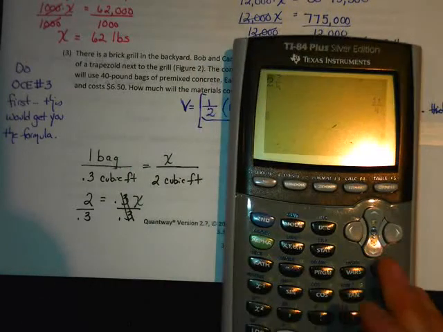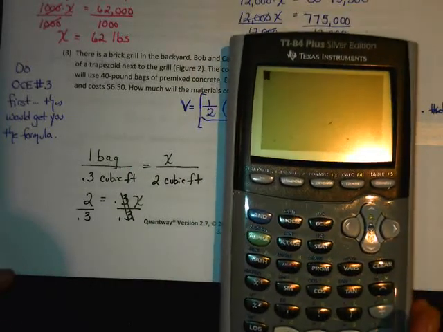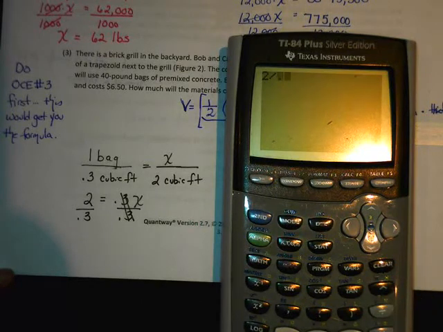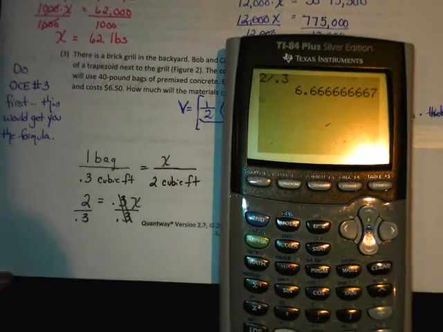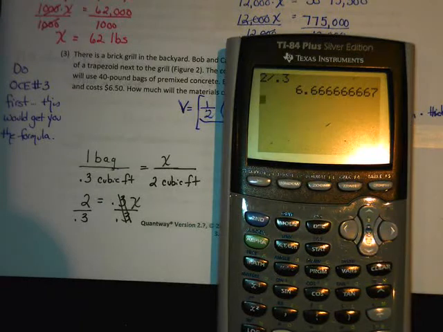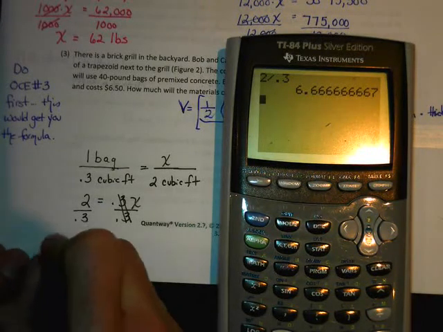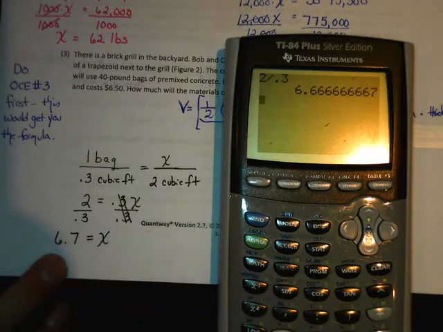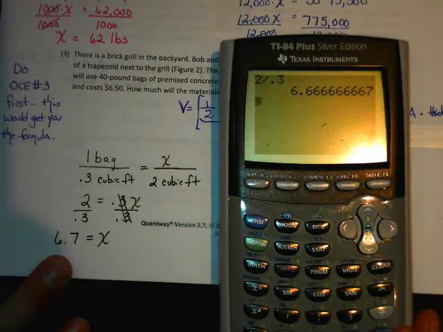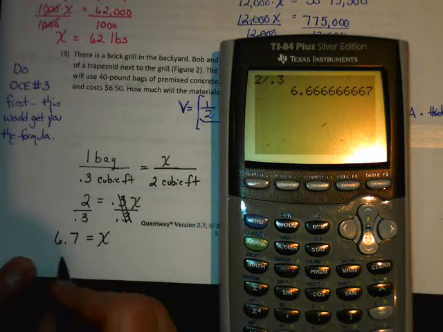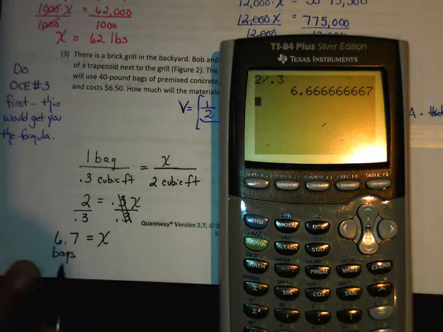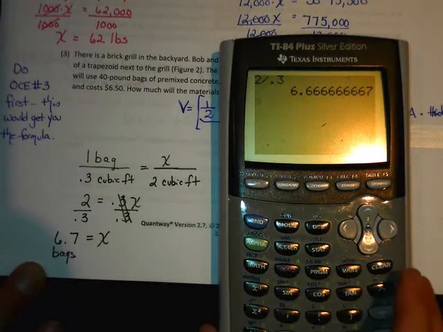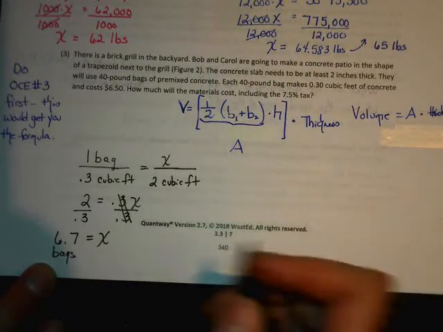So 2 divided by 0.3 looks like we get 6.66666 bags. So I'll just round it to 6.7 equals x. Now I'm thinking if I go to Home Depot and I said I want 6.7 bags of concrete, they're going to say you can either have 6 or 7 bags. Well, 6 bags isn't going to cover it, so I need to round up to 7 bags.